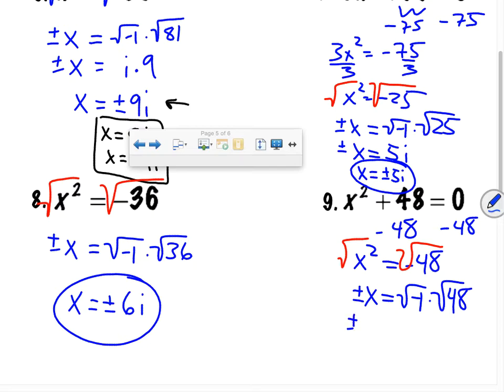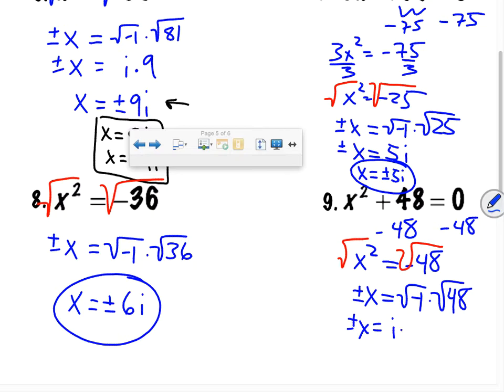So we have plus or minus x equals i times, well, let's break down the square root of 48 a little bit more. We can find perfect squares that divide into 48. Preferably, we find the biggest perfect square that goes into 48 to simplify it the fastest. So perfect squares are things like 4, 9, 16, 25, 36, 49, etc. The biggest perfect square that goes into 48 is 16.